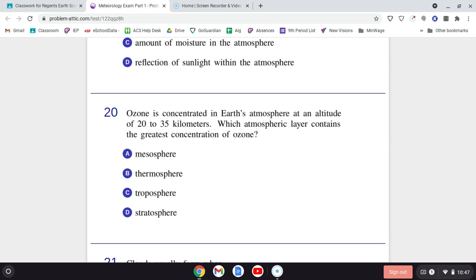If you're looking on the left, which ozone fits into the 20 to 35 kilometers? The km is on the outside. See the 40? So it's going to fit in between there. What one can we get rid of right off the bat? A and B. Yep. So it's either the troposphere or the stratosphere. Okay. Good.